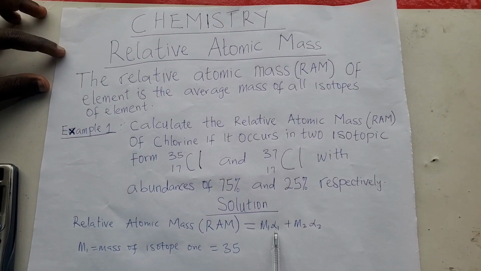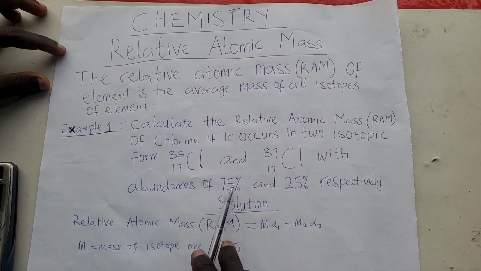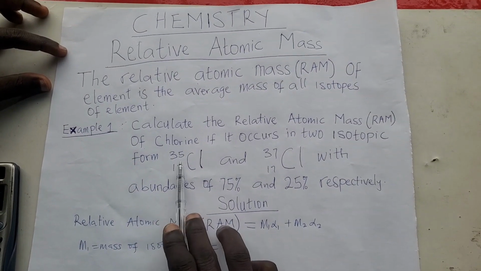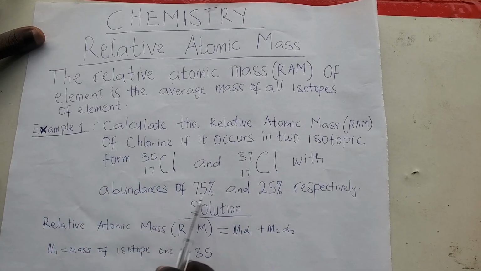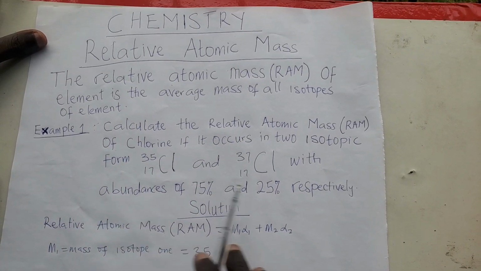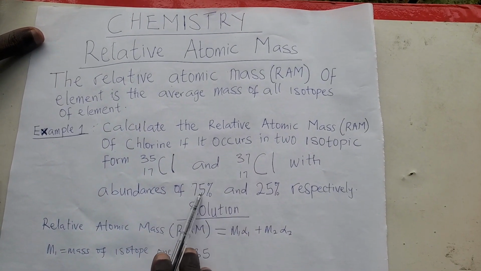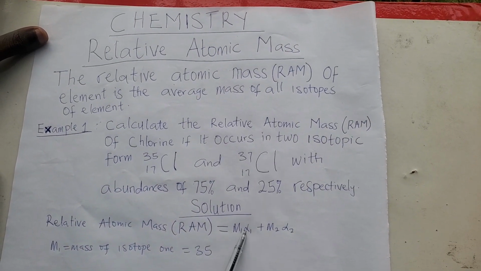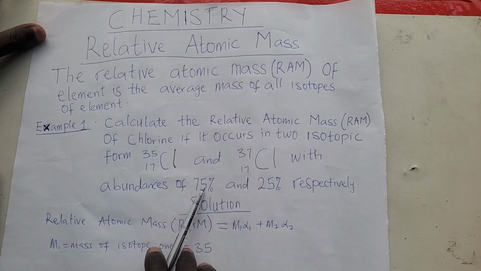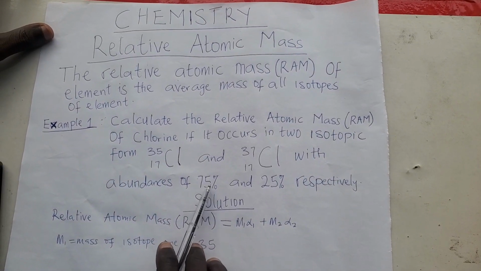What does alpha 1 mean? It represents the abundance of isotope 1. You see this isotope 1, this isotope 2. So the first abundance goes with this, the second abundance goes with this. The abundance of isotope 1 is given in percentage, which is 75%.